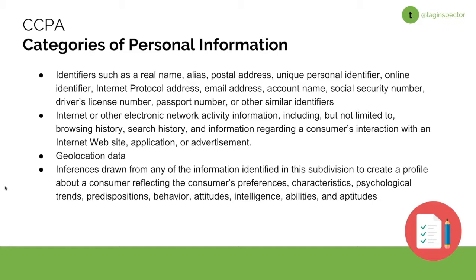So if you're doing any kind of general profiling or extended audience creation, things like that, if you're making any types of conclusions or creating lookalike audiences or preference-based audiences within an analytics tool that you're collecting data through a tag, this category would also be applicable.